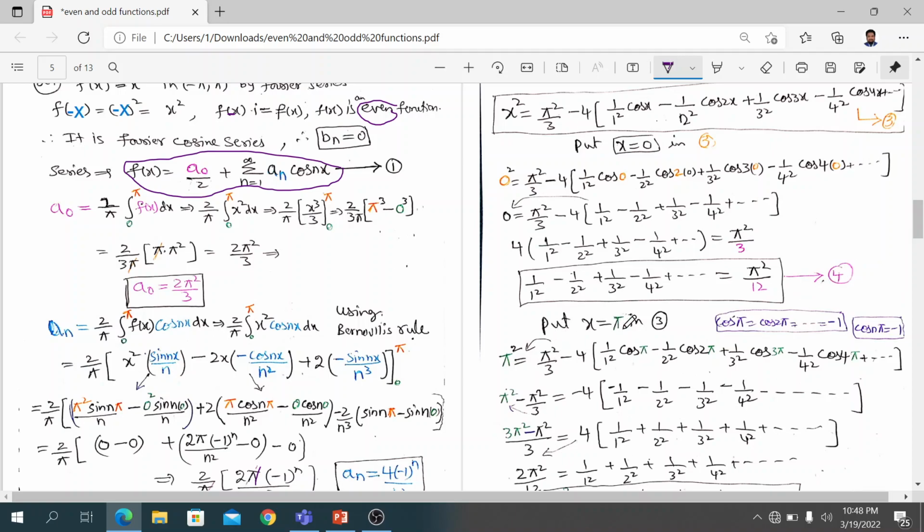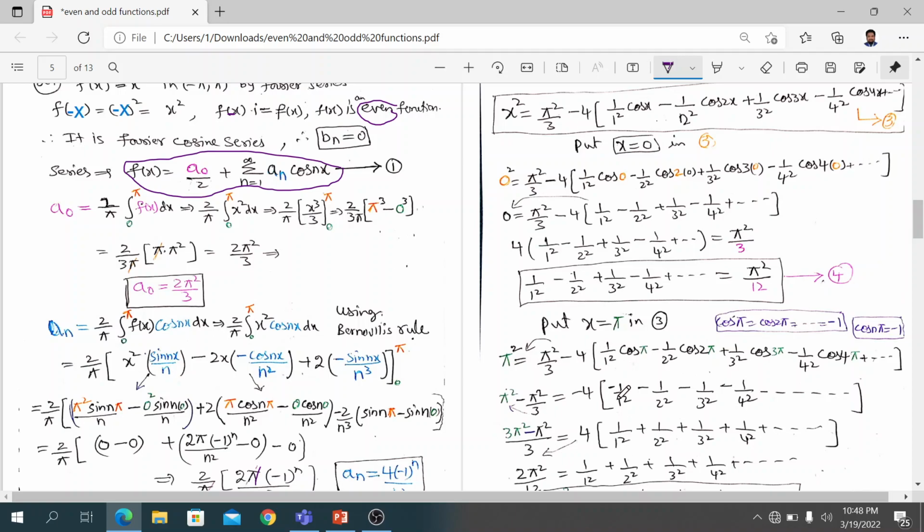Next, put x is equal to pi in the third equation. Here pi square by 3 minus 4, pi, 2 pi, 3 pi, 4 pi up to so on. So pi square as it is, pi square by 3 minus 4 cos pi is 1. Okay, cos pi value is minus 1.